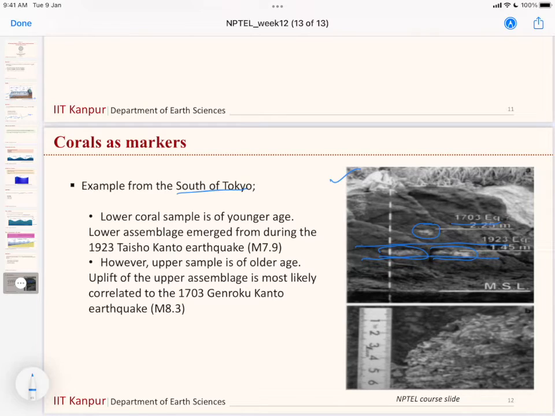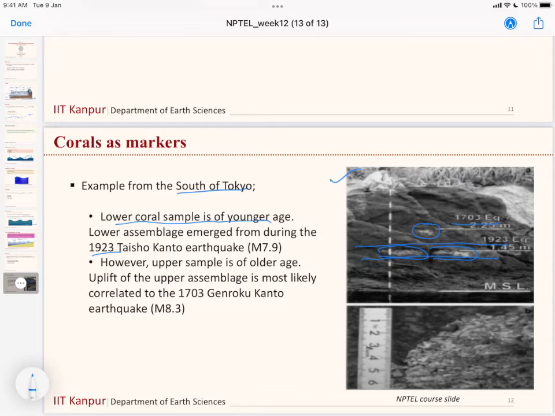So this is how corals are very useful to do the dating and to validate the earthquake event or the tectonic event, or even to mark sea level changes as well. If I read about this whole event sequentially, the lower coral sample is of younger age, and this lower assemblage emerged during the 1923 Taisho Kanto earthquake, which has a magnitude of around 7.9, but the upper sample is of the older age.